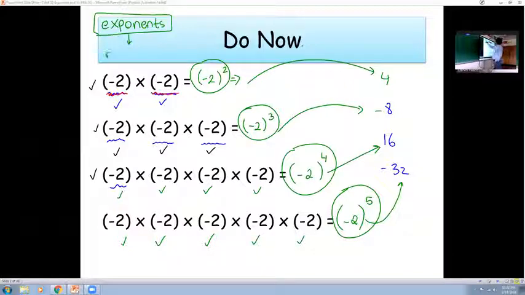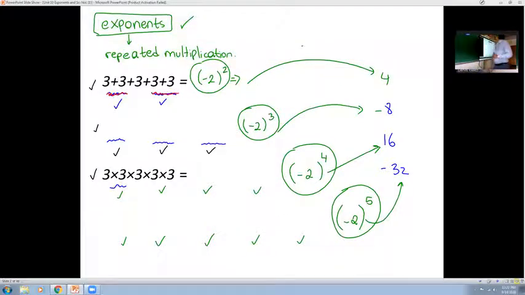So in a short way, what we can say for exponents is repeated multiplication. If you see repeated multiplication anywhere, in Utica, in New York Mills, in New Hartford, no problem. If you see repeated multiplication, that means you can use exponents, all right? So this is pretty much what exponents are.